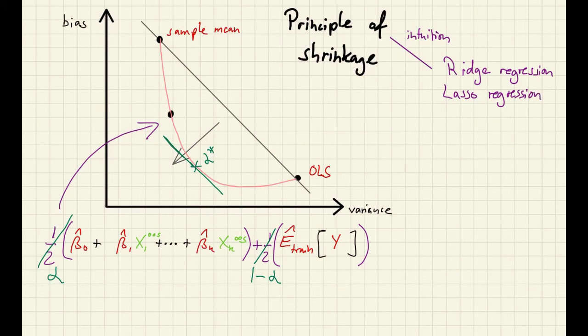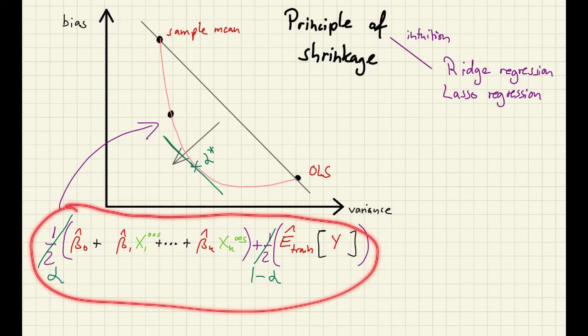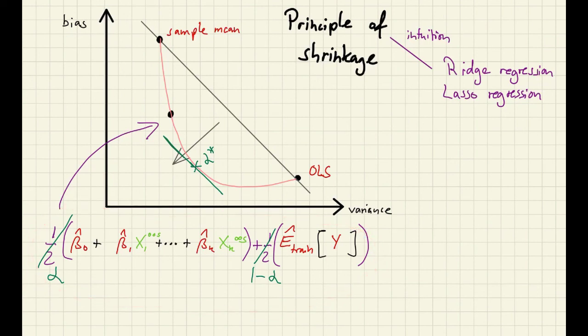In addition, the idea that combining predictions from different predictive models gives us maybe superior predictions is very important in developing powerful predictive algorithms. And this is also sometimes called the principle of model averaging.